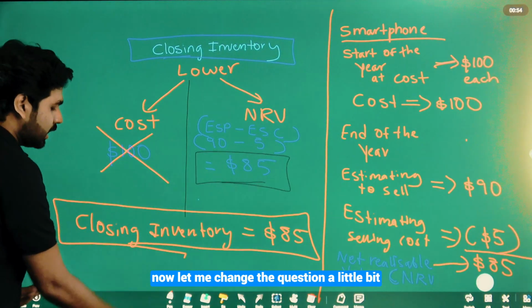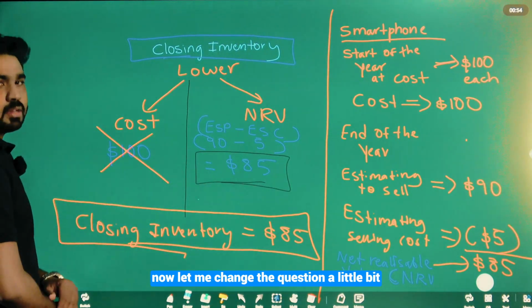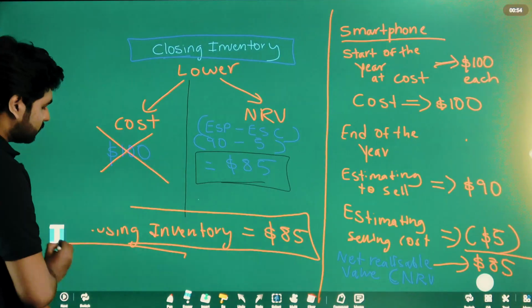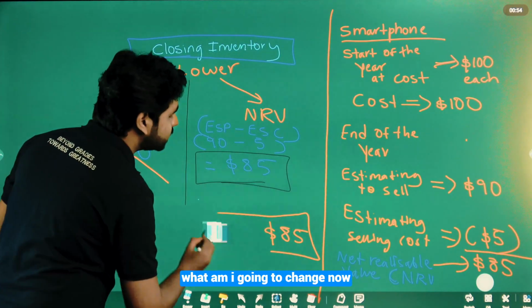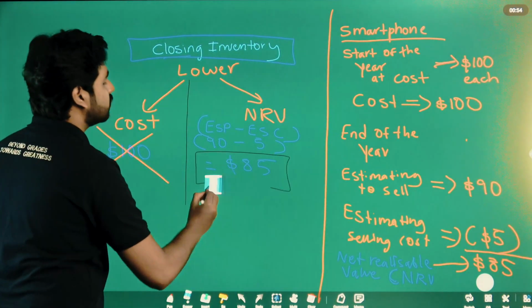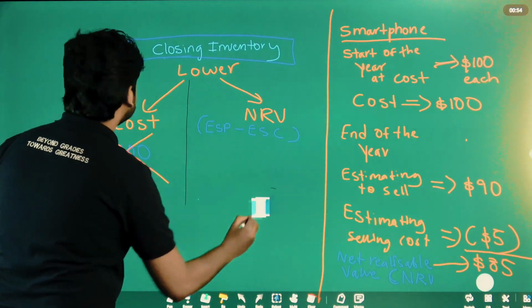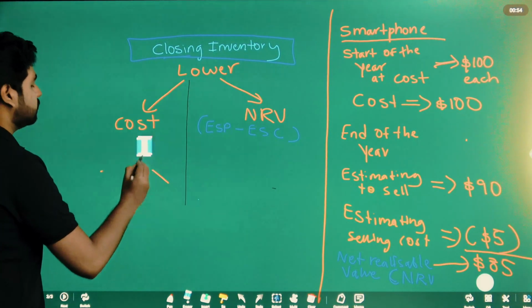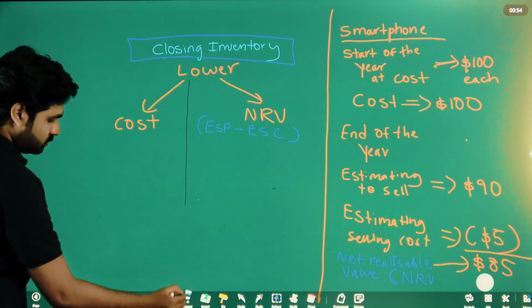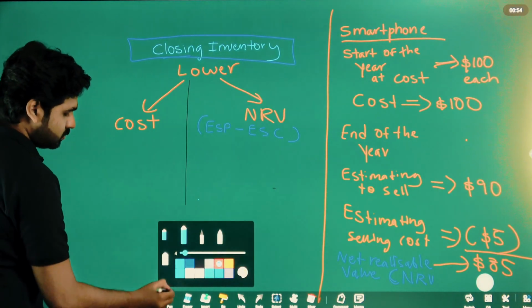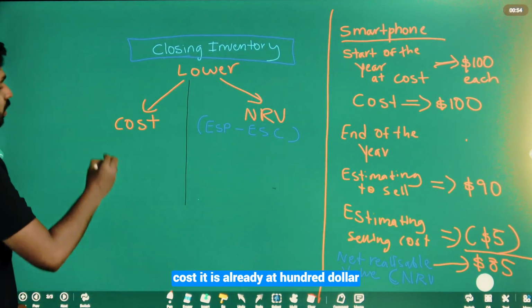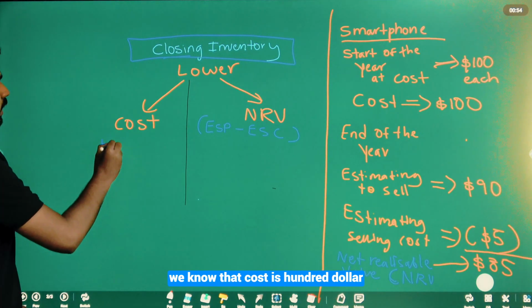Now, let me change the question a little bit. What am I going to change now? Cost. It is already $100. We know that.